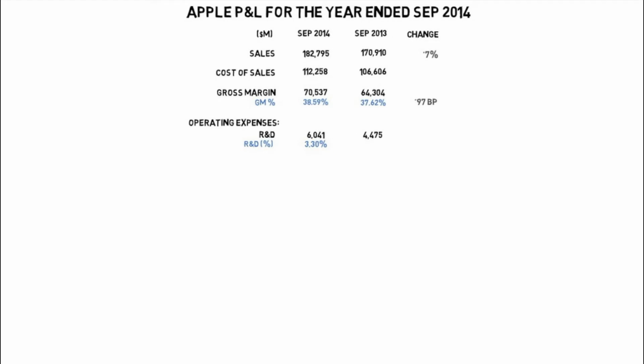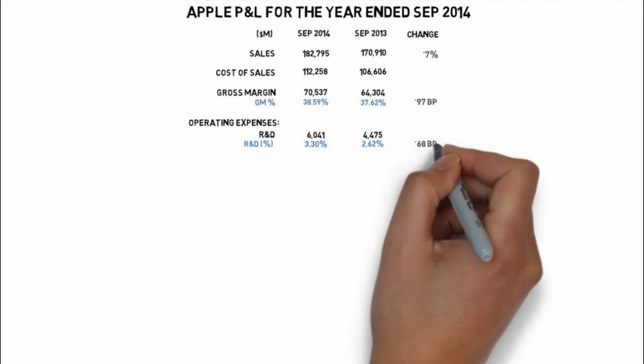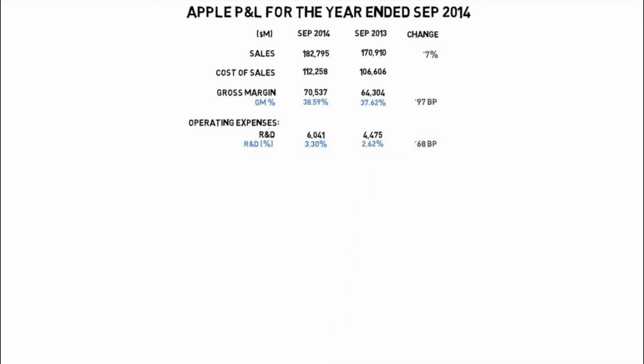So, going ahead and working that out, it comes to 3.3% in 2014 versus 2.62% in 2013. So what we see is that Apple has substantially increased the amount that it spends on R&D versus last year.